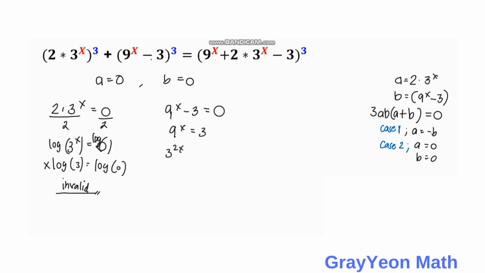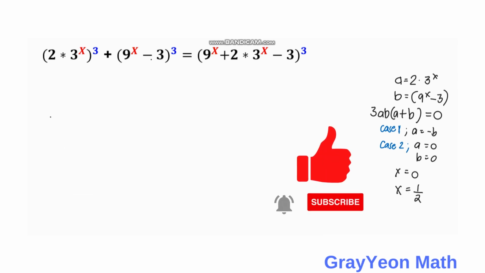Actually, there is a 1 here, so we can equate the exponents because they have the same base. So 2x is equal to 1, and x is actually one half. Summarizing, we have two answers: either x is equal to 0 or x is equal to one half.